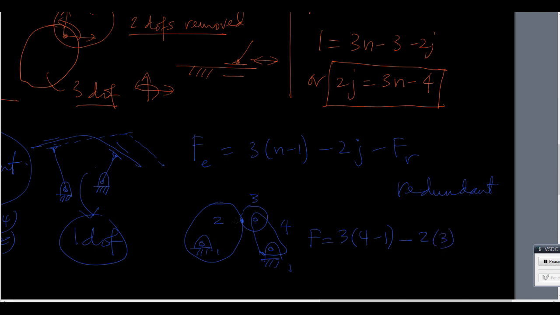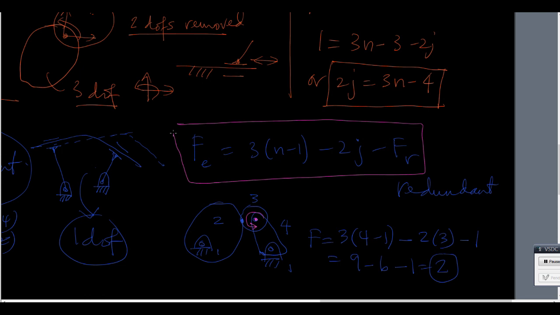So minus 2 times 3 and 1 higher pair. Minus 1. So this is equal to 9 minus 6 minus 1 is equal to 2. It seems like it has 2 degrees of freedom. However, one of those is a redundant degree of freedom. This wheel can be rotated about this axis and nothing else moves. Okay, so if I remove that, then by this formula, this will have 1 effective degree of freedom, and therefore it isn't a useful mechanism for us. It has constrained motion.